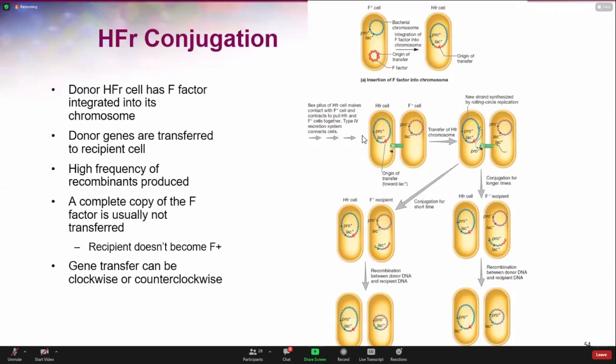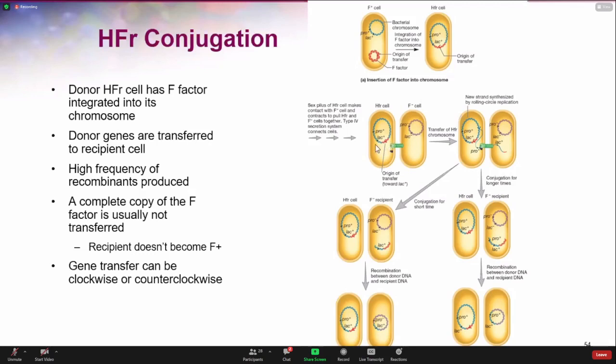And so in this case, the same process that we mentioned in the prior slide is going to happen, but as the relaxosome comes in and makes a cut into one of the strands of the genomic DNA, and it begins to unravel it, it's not going to simply unravel the F factor corresponding DNA.